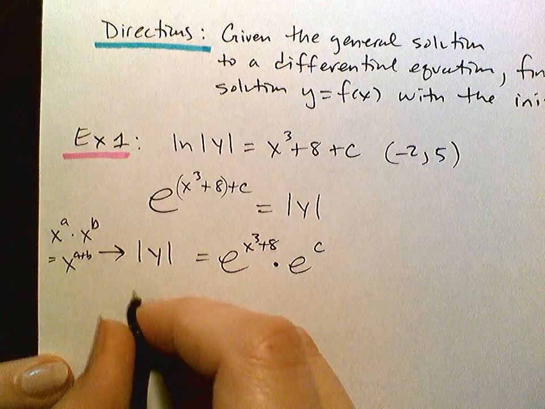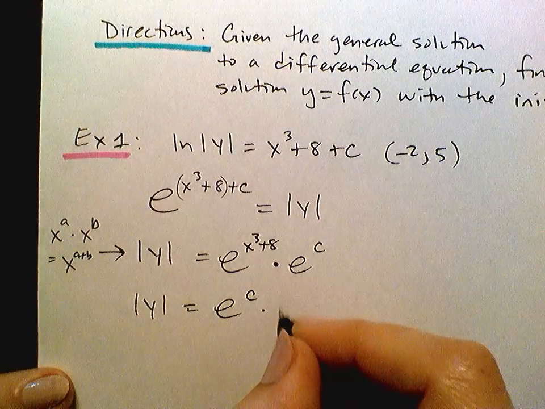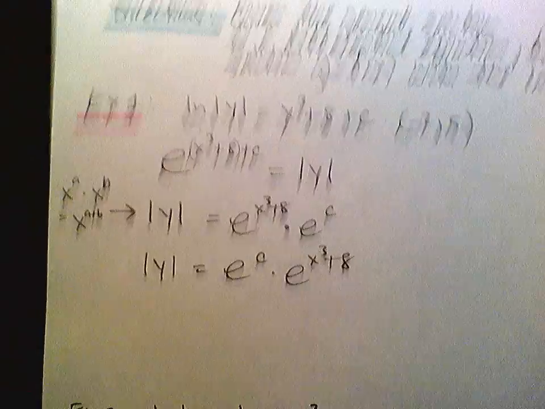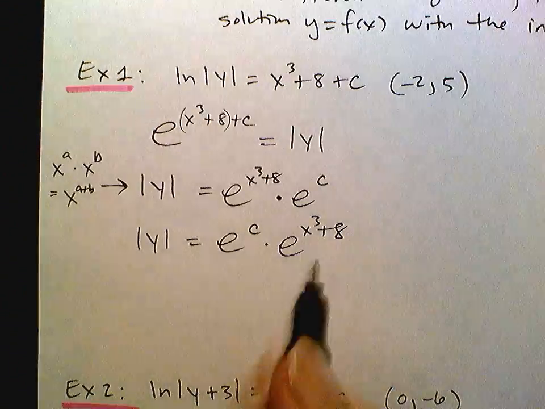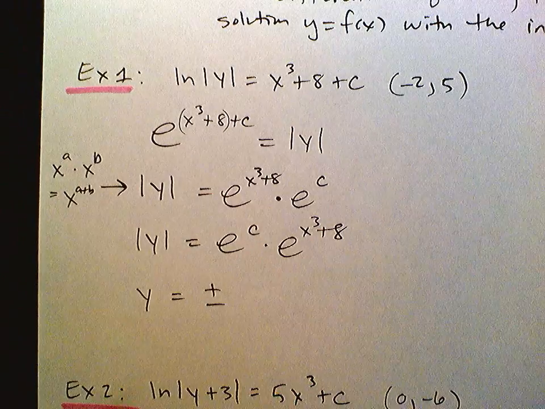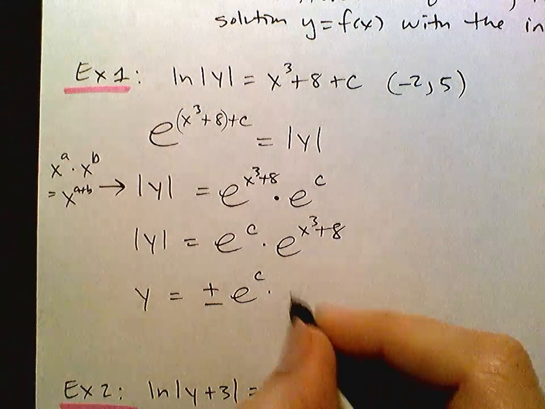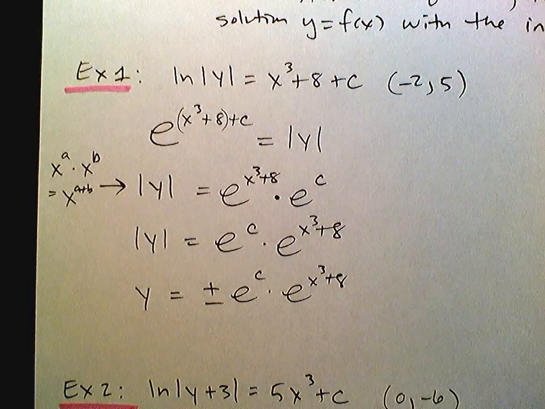So we've got the absolute value of y equals, I'm just going to rewrite this, e to the c times e to the x to the third plus 8. This is the absolute value of y. I want just y by itself. So y could be the positive or negative value of this: e to the c times e to the x to the third plus 8.